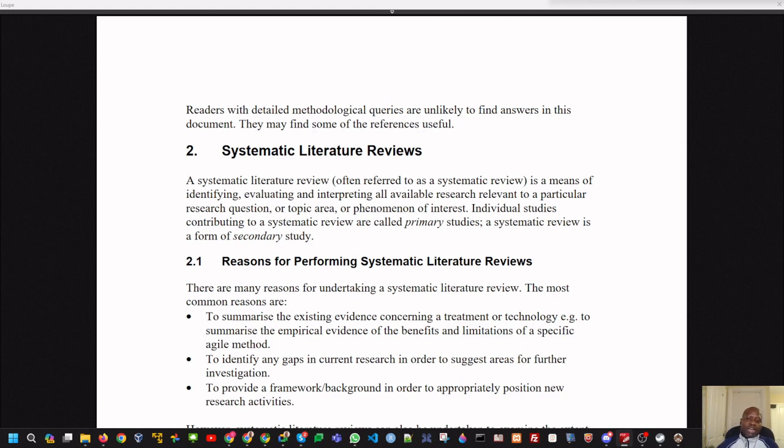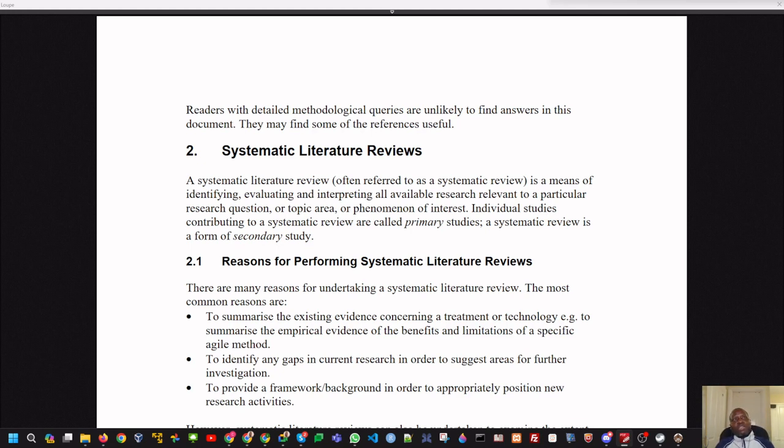Now, the individual studies that are reviewed are called primary studies, and the systematic review itself is a secondary study. So that is important to note.